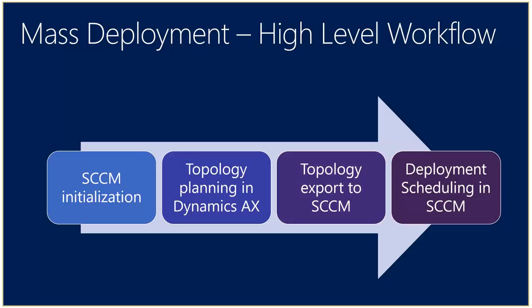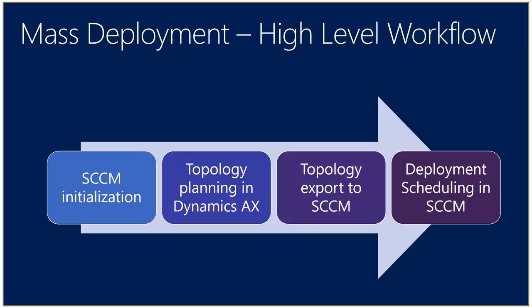Once this topology file has been exported from Microsoft Dynamics AX, the next piece of the workflow would involve taking this topology file and again using the toolkit on the computer that is running System Center Configuration Manager.